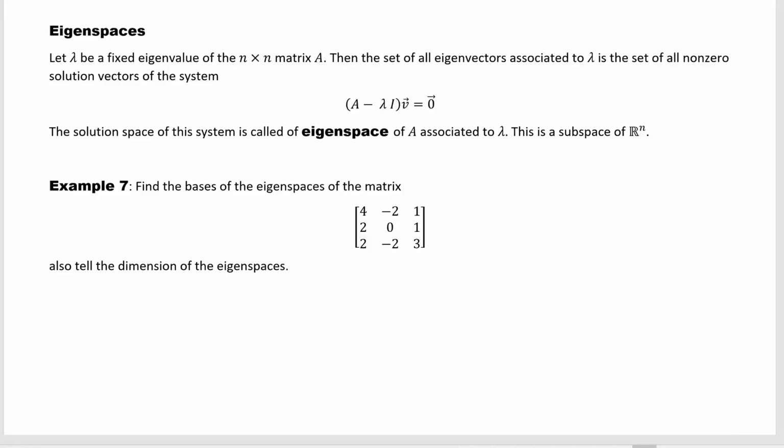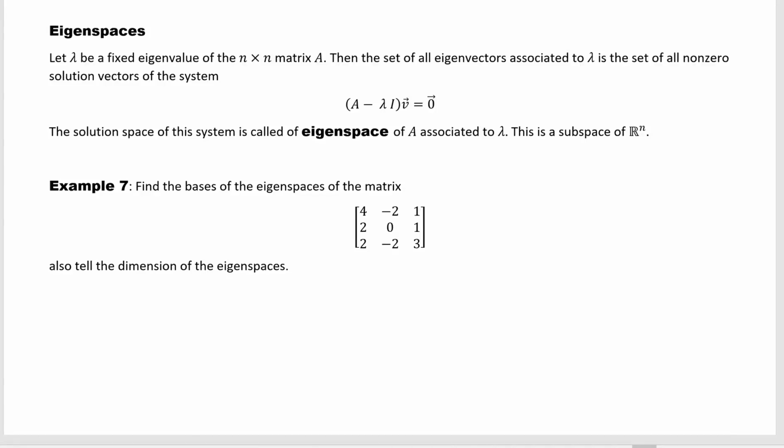The solution space of the system is called the eigenspace of A associated to lambda. This is a subspace of R^n. So last time we also talked about if v is an eigenvector, then a constant multiple of v is another eigenvector. So actually they generate the eigenspace. It is a vector space. Okay?